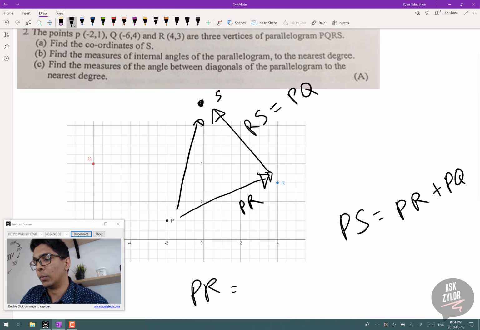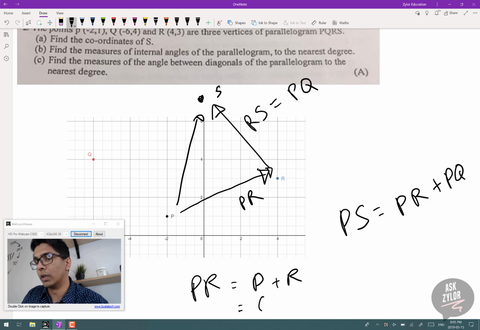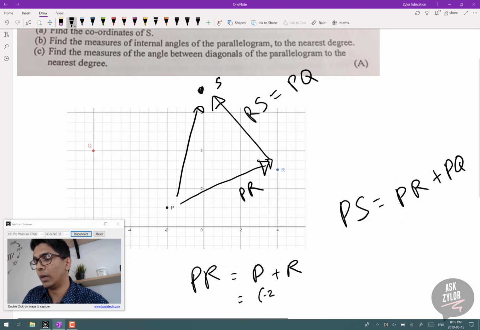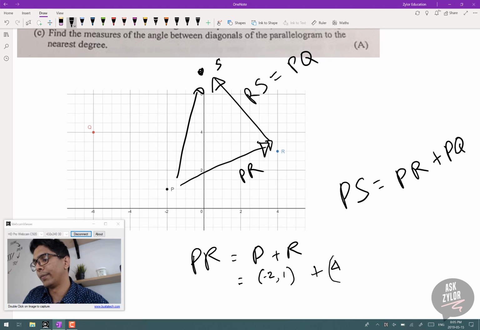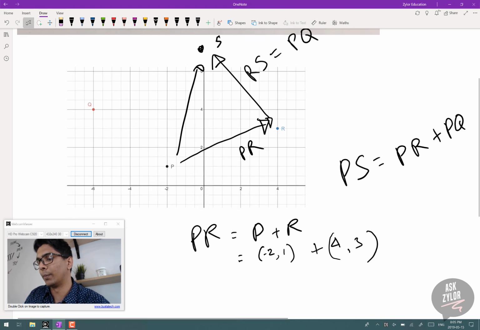So for PR, we're going to say P plus R. Those coordinates are going to be -2, 1, and R is going to be 4 and 3. So I'm just going to add the x's, add the y's together to give me my PR. Sorry, I'm going to subtract the 2 together to give me my new vector.